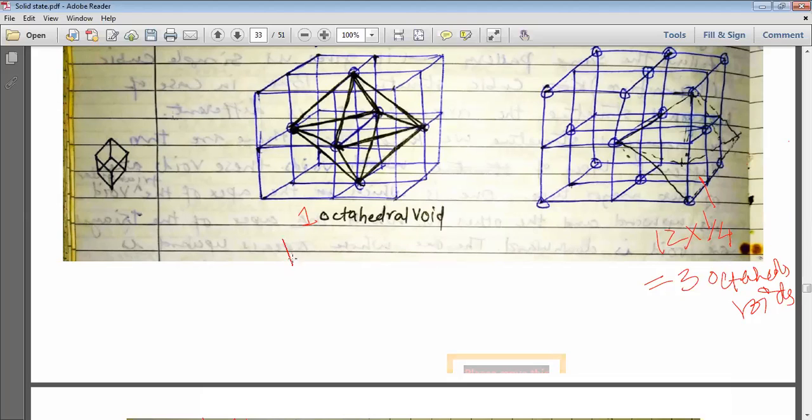Thus 1 plus 3 is equal to 4 octahedral voids in a face-centered unit cell.